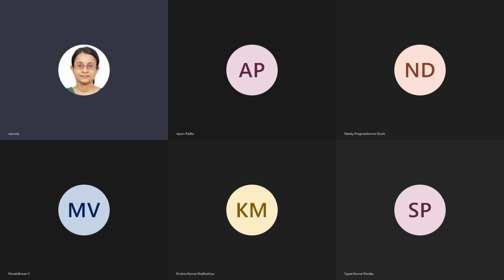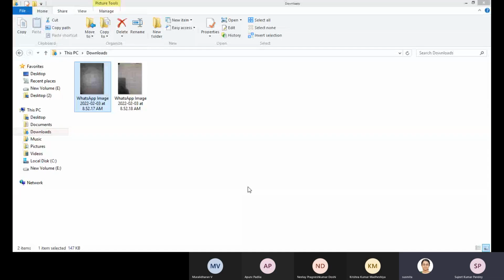Sujit, do you have anything to show? Yes, ma'am. Ma'am, is it visible? No. Now it is visible. No. Okay.